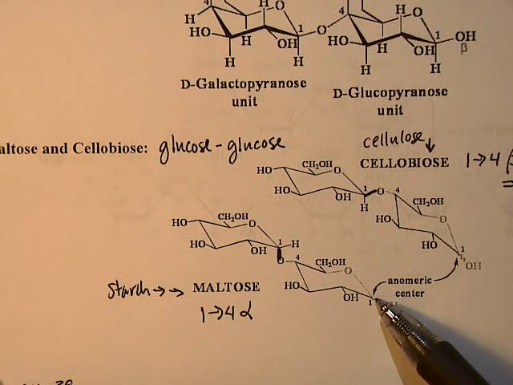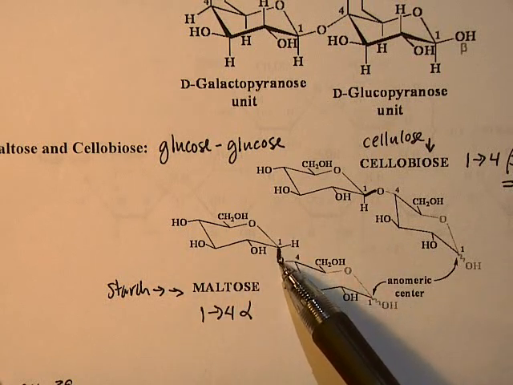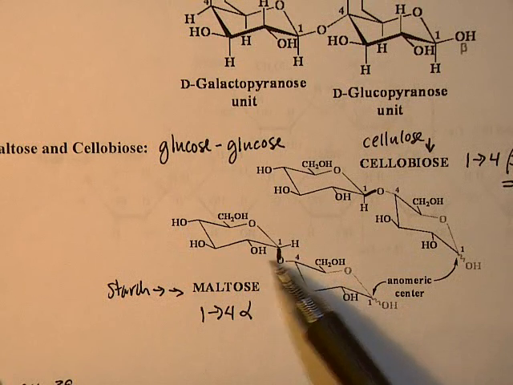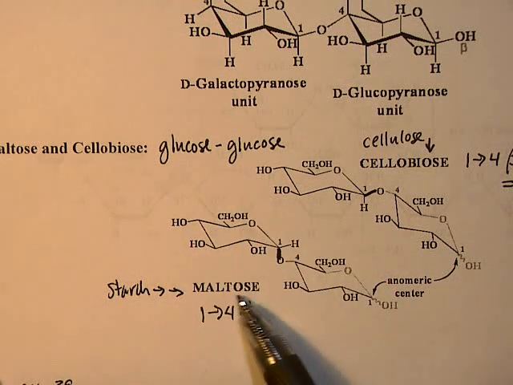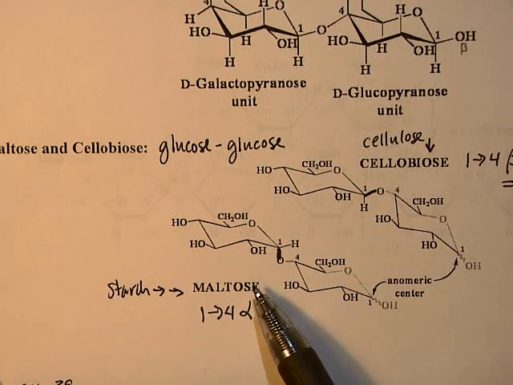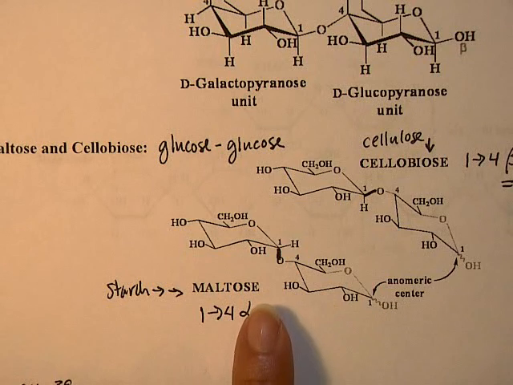All right. Another thing that is confusing to students is when something is called maltose, this 1 to 4 alpha bond is fixed. You don't change that. All right. So this whole structure is called maltose, and it's understood that the 1 to 4 bond is an alpha bond. All right.